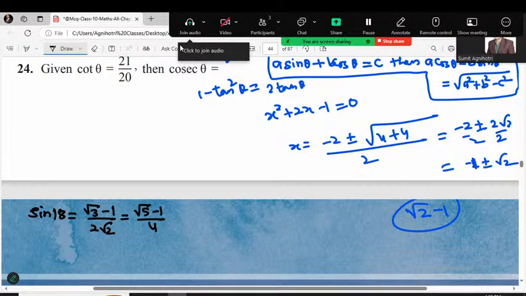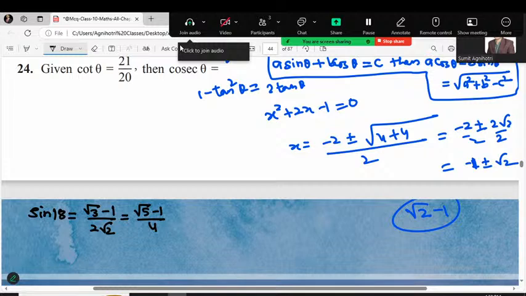If you multiply by root 3 plus 1 both in numerator and denominator, you will get root 5 minus 1 by 4.